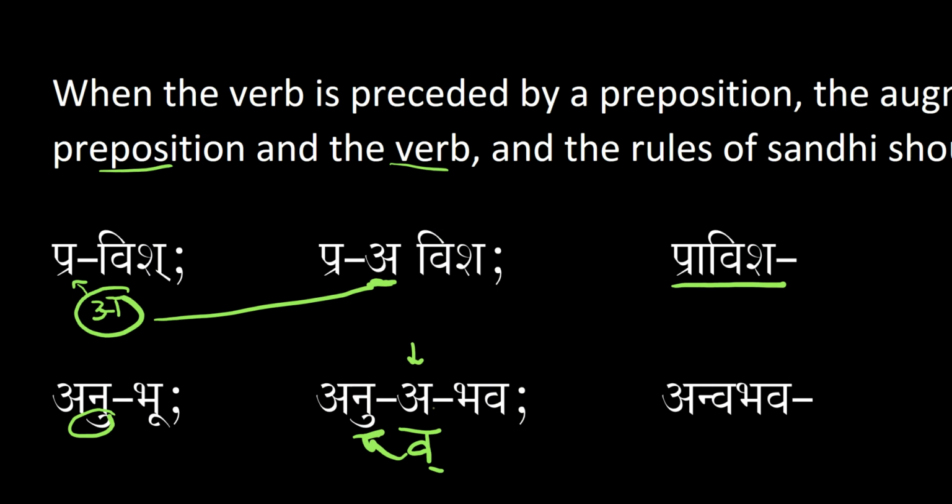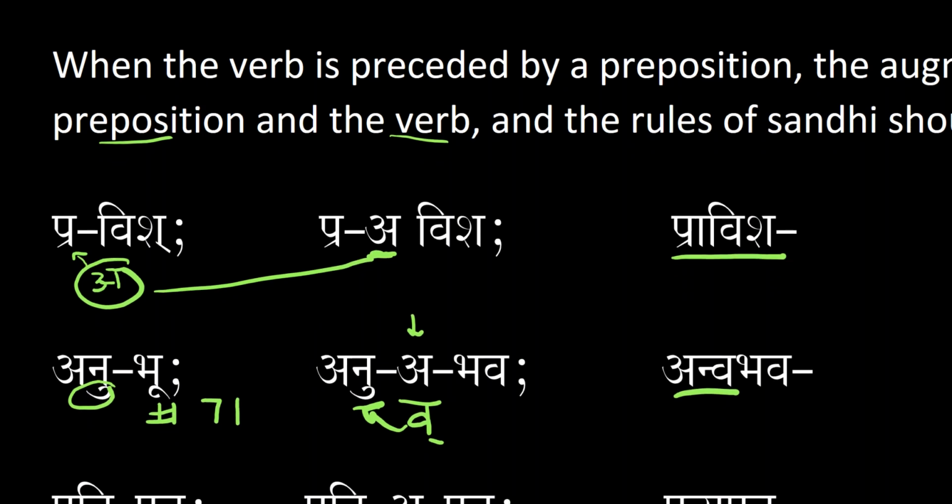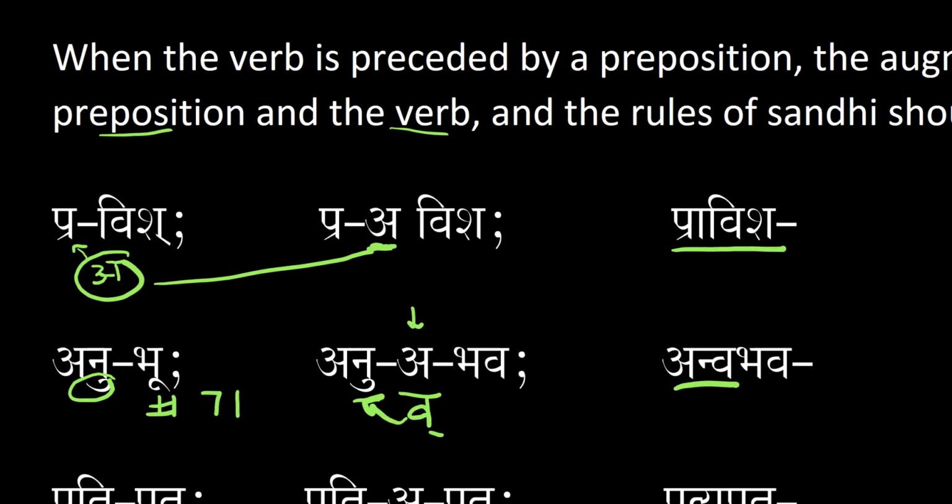So a va with a halant plus an 'a' is going to give you anva, and then you just have the bhav. If you don't remember this sandhi rule, you can refer back to lesson number 71. But the sandhi rule is when an 'u' or 'ū' is followed by a dissimilar vowel, it is changed to a half va. So you end up with anvabhava, and then you add your termination ending.